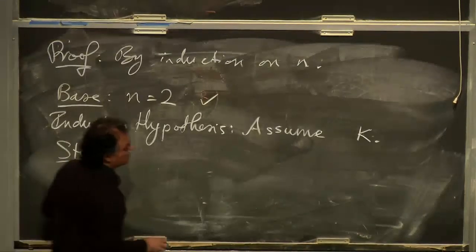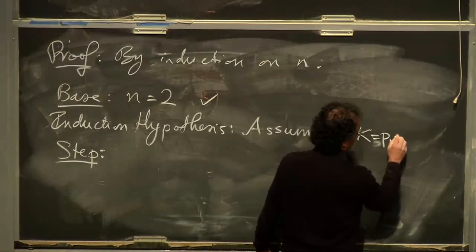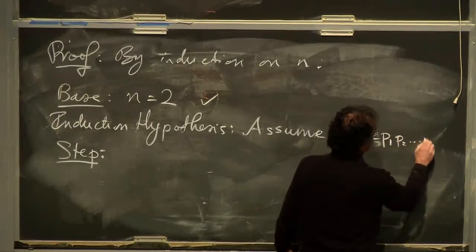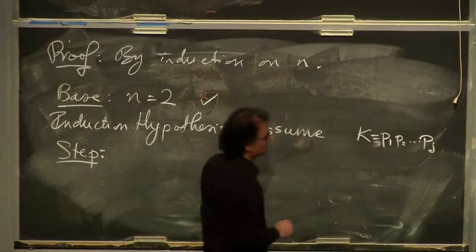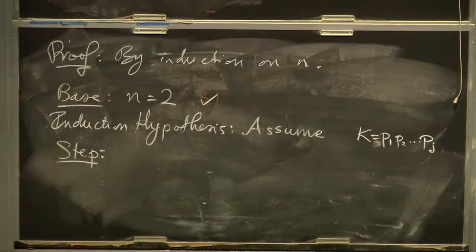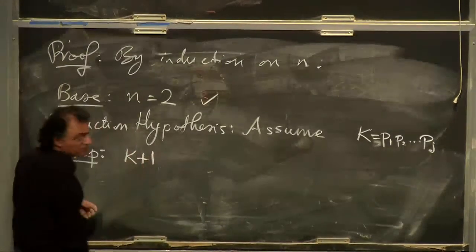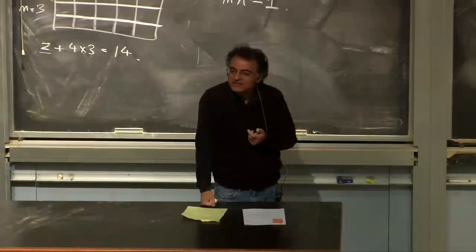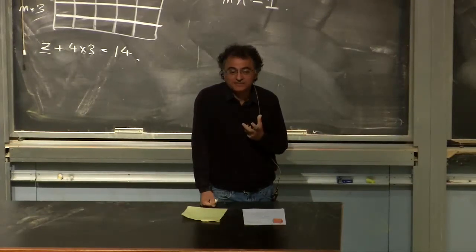So k is equal to p1 times p2 times pj. Right? So it's a product of some number of primes. Induction step. We want to say k plus 1 can be written as a product of primes. How do we show that? How are we going to show that k plus 1 can be written as a product of primes?